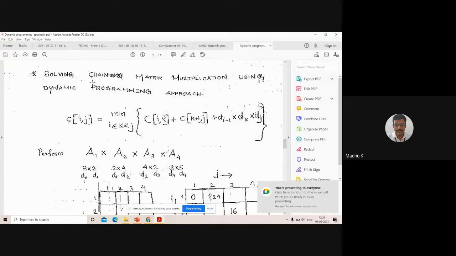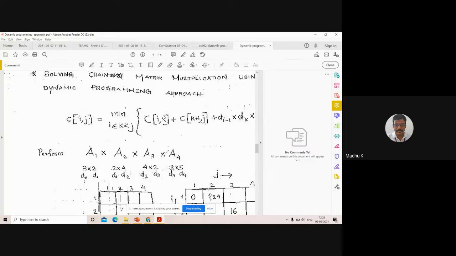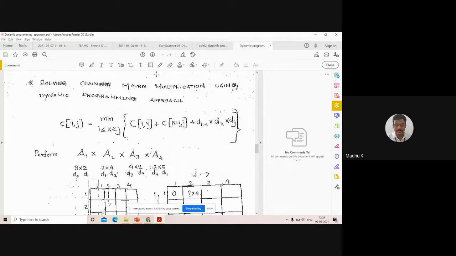Next we want to discuss how we can perform matrix multiplication using the dynamic programming approach. Now we are discussing this problem. First of all, you should note that there is an equation to calculate the cost C of ij.